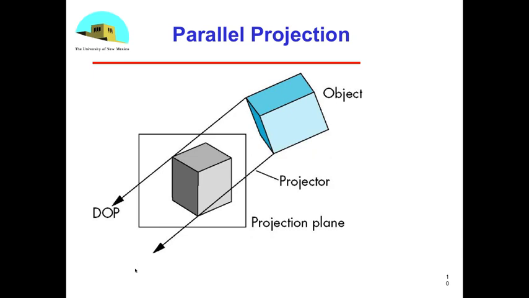The projectors are now parallel to each other, but we have a very similar thing. We have projectors now, and where they pierce the projection plane is where we have the projection of, say, this point into this point over here.